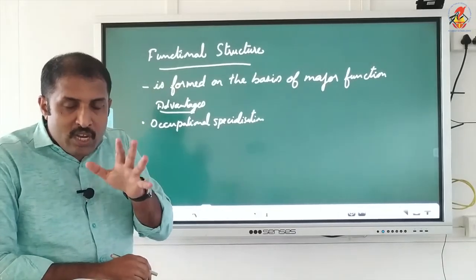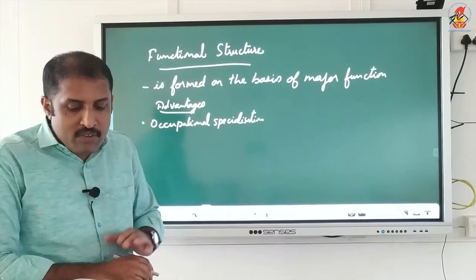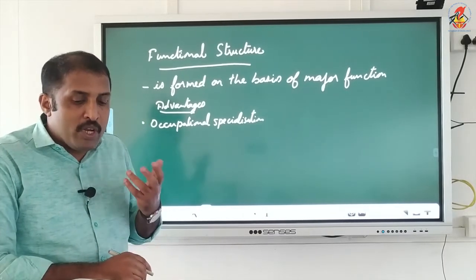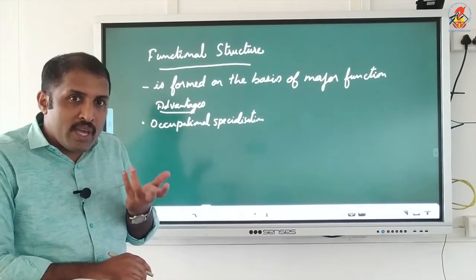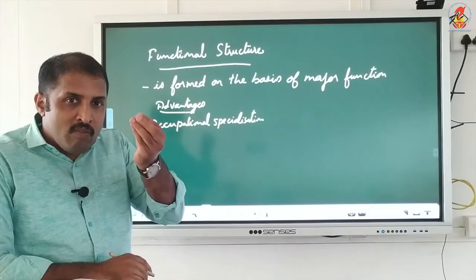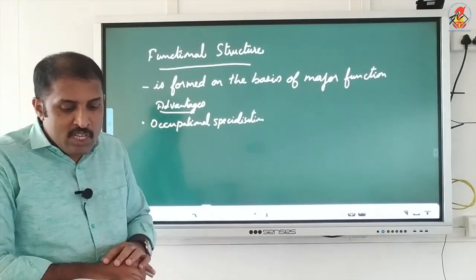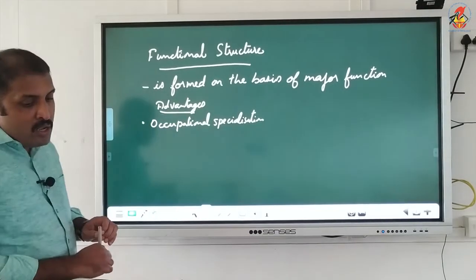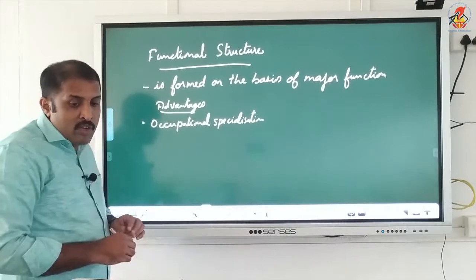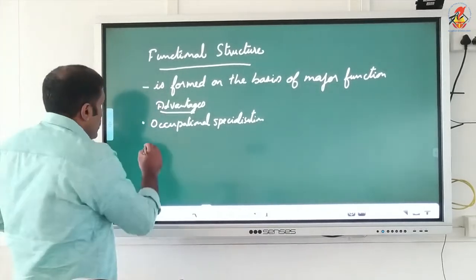It is continuously focusing on major functions, and employees will be doing the same job again and again. So, they will get well versed in that job. Again, control and coordination will be easy.